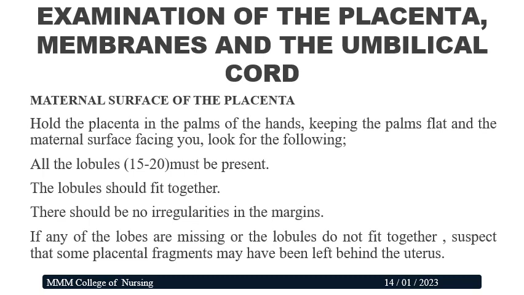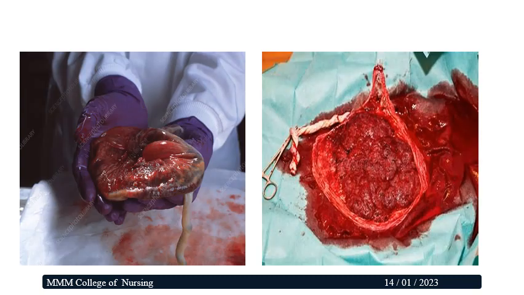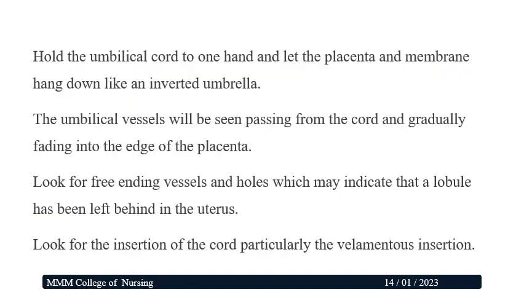If any lobes are missing or do not fit together, suspect that some placental fragments may have been left behind in the uterus. As you see in the first picture, this is the fetal surface, the upper margin. The second picture shows the cotyledons, which is the maternal surface. This surface is attached to the deciduum of the uterus.